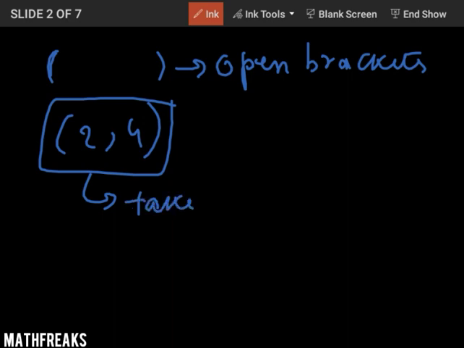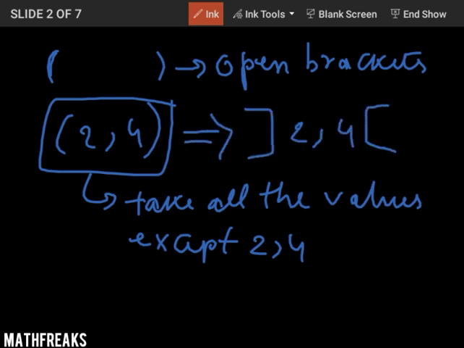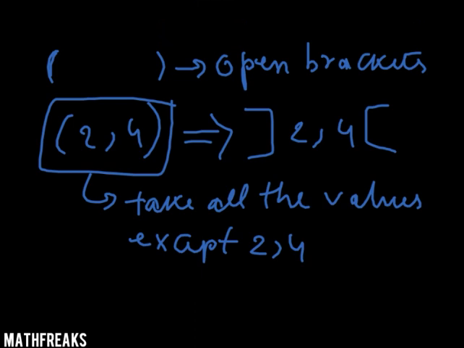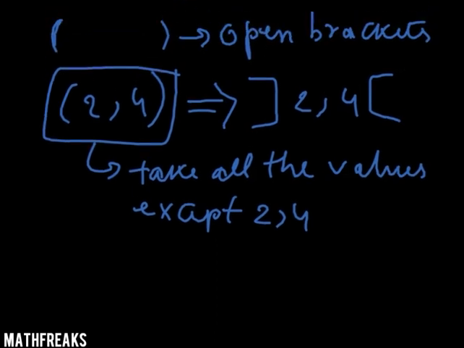Take any value, irrational, rational, that doesn't matter, all the values except 2 comma 4. This is what we mean by open bracket. Some people also write it like this. This is also a good notation of this open bracket. I hope that this is clear.